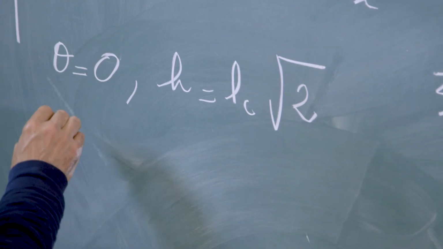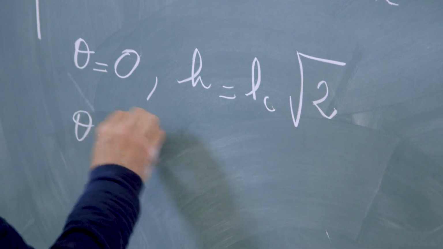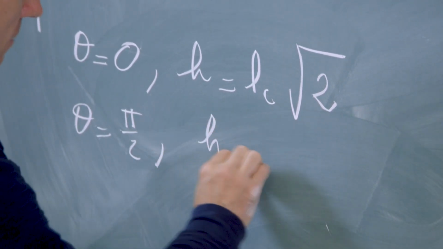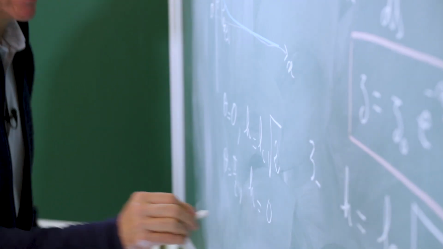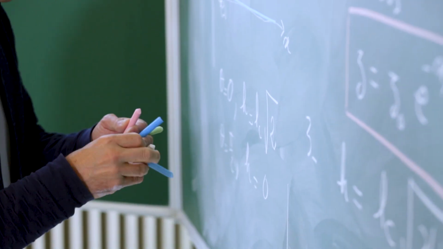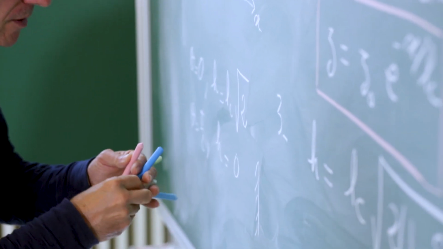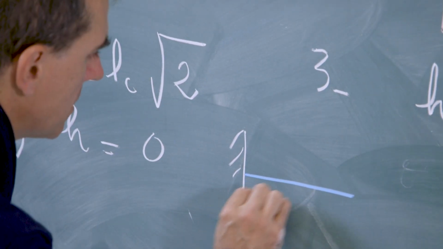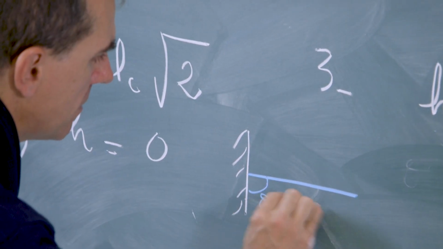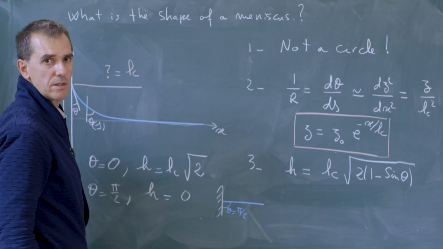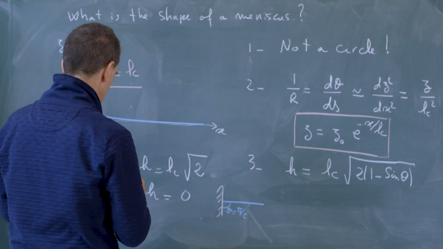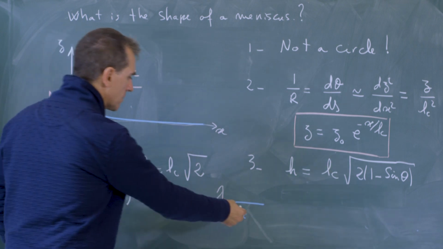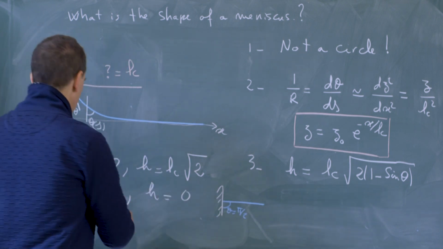If we go to the special case, theta equal pi over 2, then we find that h equals 0, which means that we are going to contact the wall with no elevation at all. So for this special case, we could say that there is no meniscus, right? No deformation. But this no deformation limit is only observed when theta equals pi over 2.